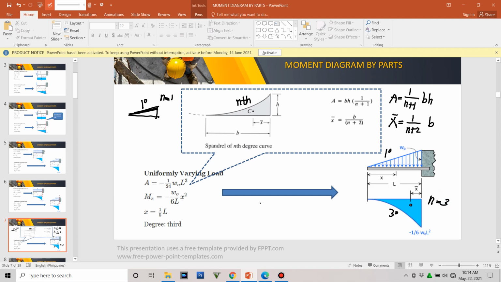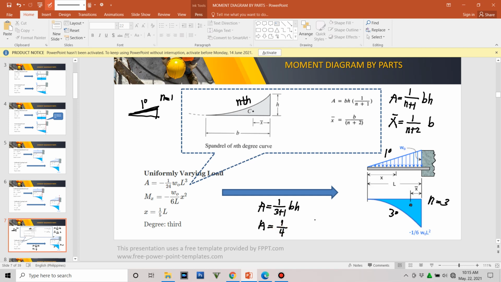So, applying this formula now, the area is equal to 1 all over n, n is 3, plus 1, base times height. Okay, so we have area is equal to 1/4.